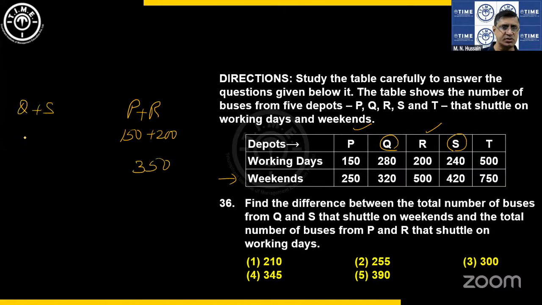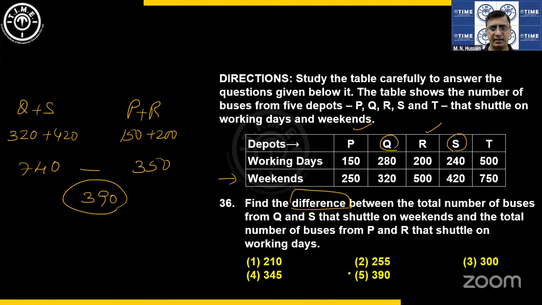Q and S on weekends, that is 320 plus 420, 740. Now, what to find here? The difference of these two values: 740 minus 350. The value is equal to 390. Answer choice 5. Fifth choice is the right option.